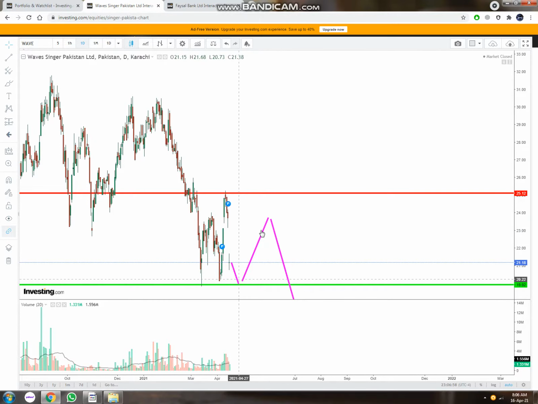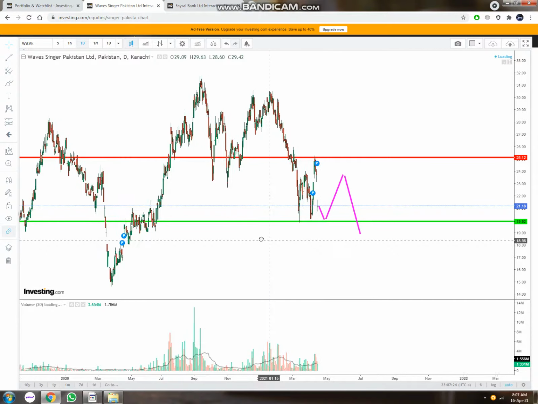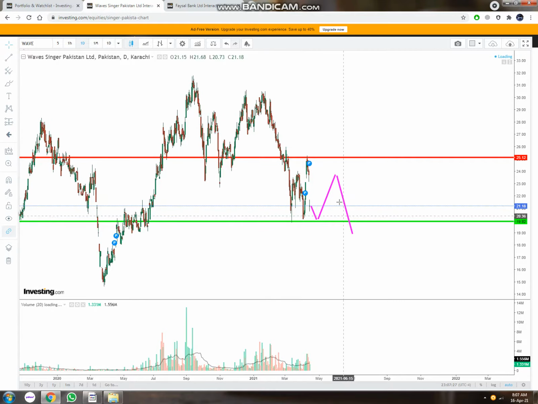Enter at this level and wait for the stock to reach its highest high until it gives you profits. But if the trade goes against your assumption and the trade goes downward, you can exit right here, or you can exit right here and place a short position at this point, because this is a great short position. So in this case just wait for the stocks to give you results.